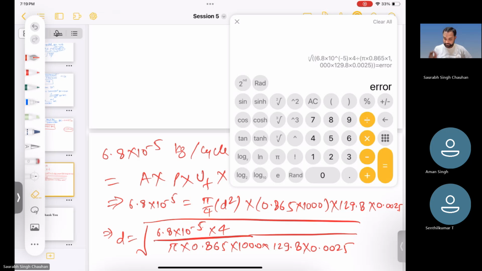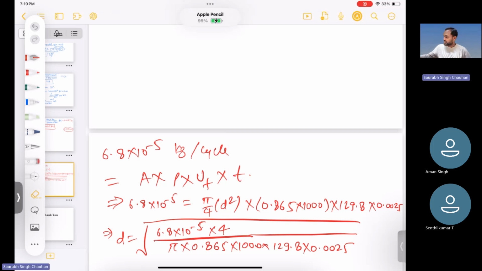Wow, this calculator is not working fine. I will use this one. Can you please calculate this? How much is it coming?